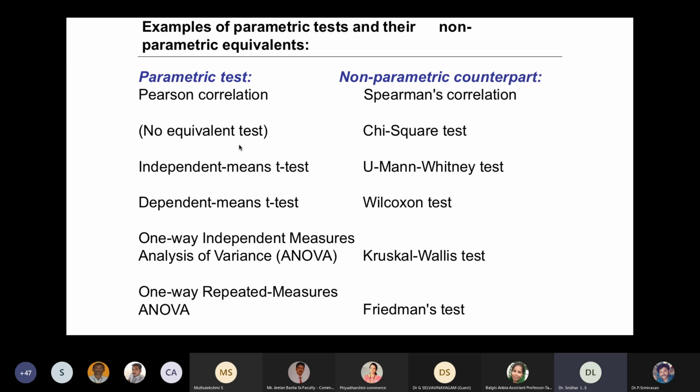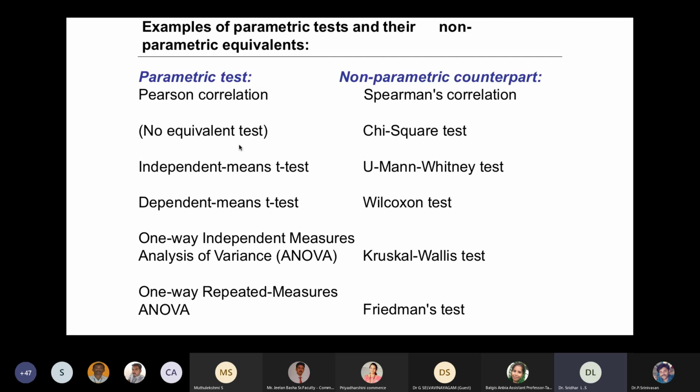The dependent means t-test has the Wilcoxon test. One-way independent measures, which is the analysis of variance, has an equivalent test on the non-parametric side, the Kruskal-Wallis test. And for one-way repeated measures ANOVA on the parametric side, the Friedman test is available in the non-parametrics.